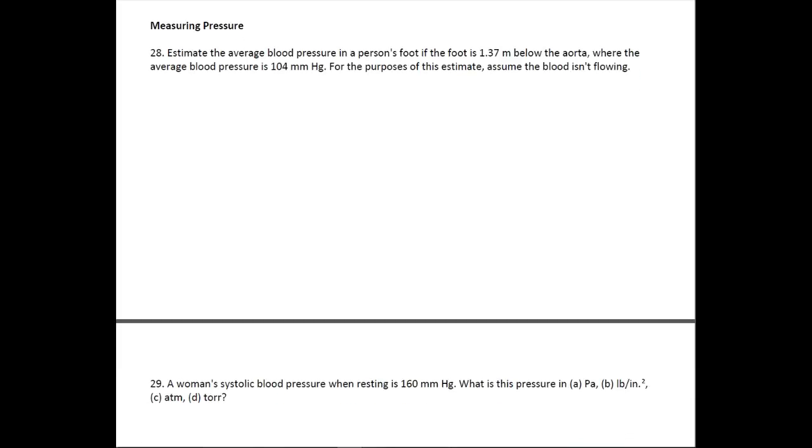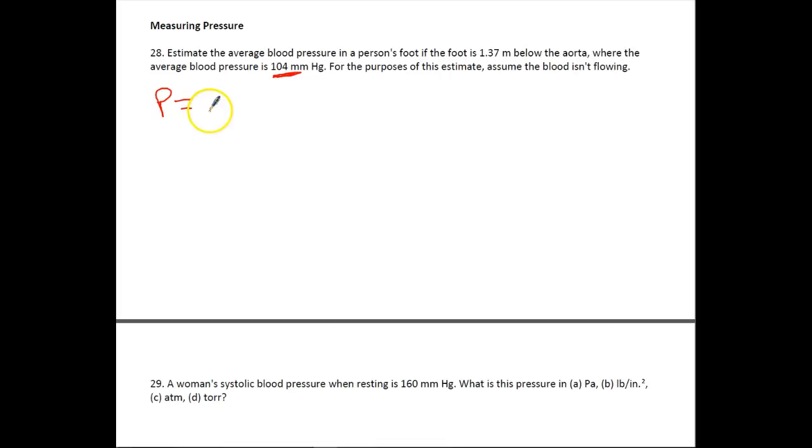Measuring pressure is the next section. On this one, it says estimate the average blood pressure in a person's foot if the foot is 1.37 meters below the aorta, where the average blood pressure is about 104 millimeters of mercury. For the purposes, we're going to assume blood isn't flowing, which would not be good, but that's what we're going to need to do.